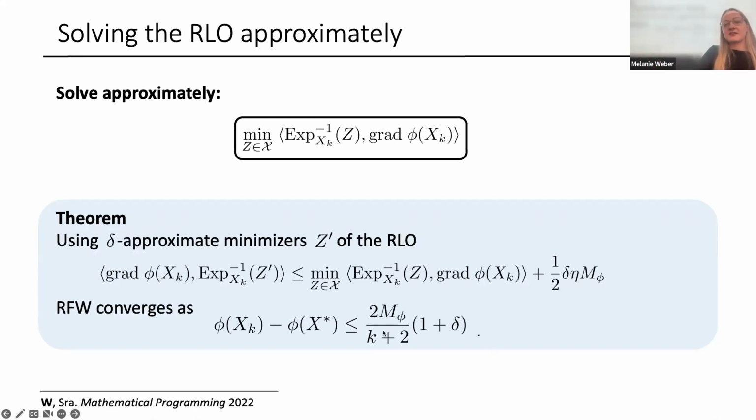Of course, here we have some dependency on the approximation error delta of that subroutine, but as long as that delta is sufficiently small, this still converges at a sublinear rate. We also see numerically that if we test that with an off-the-shelf solver, we usually still see good convergence. So in general, that's a working solution for applying this algorithm to a wide range of problems.